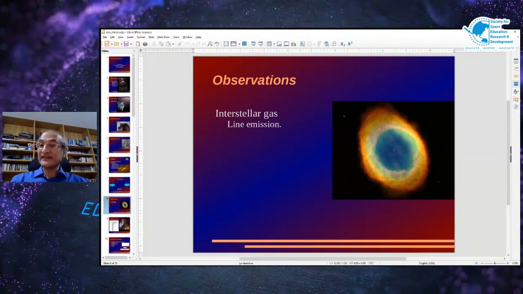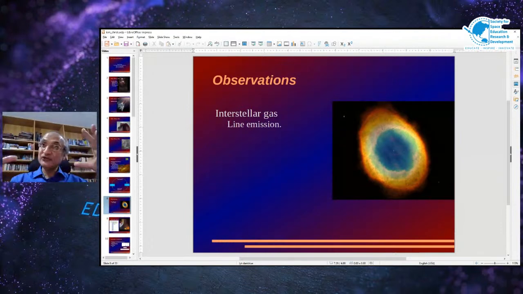So when I look at something like this planetary nebula here, this is the Ring Nebula. At the center of the Ring Nebula is a white dwarf. That white dwarf is putting out lots of ultraviolet radiation, and that ultraviolet radiation is exciting the gas, which is then re-emitting light. And so the different colors tell you the different elements that are there in this planetary nebula. So what you're really looking at here is a red giant, a star like Betelgeuse.